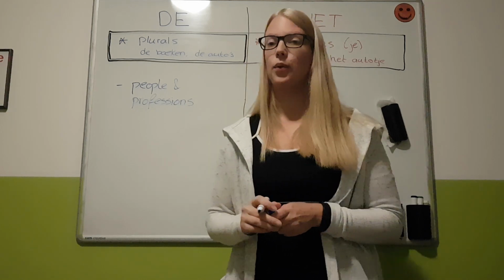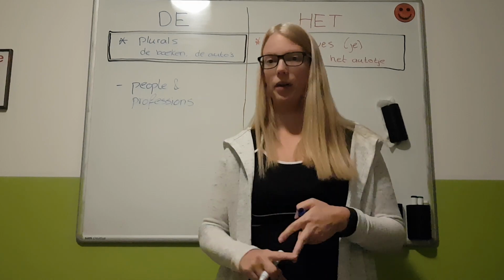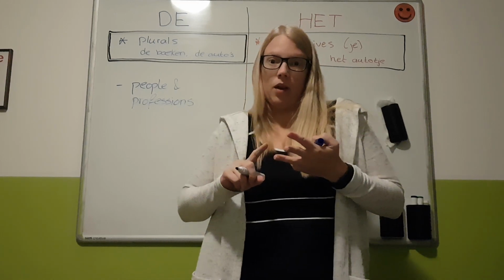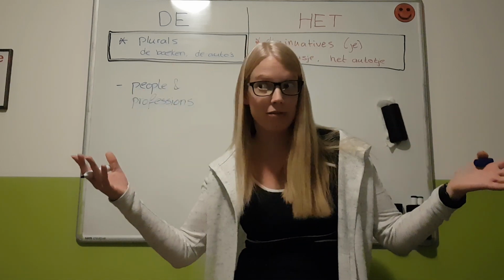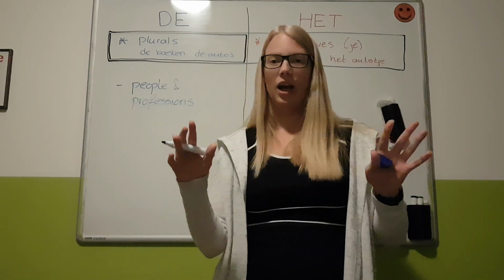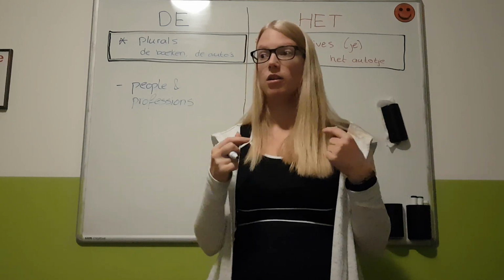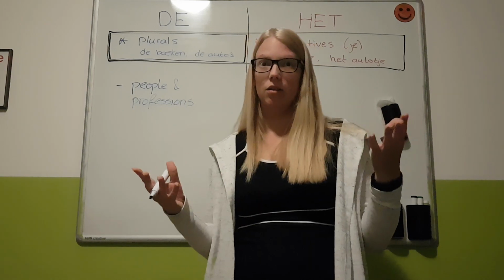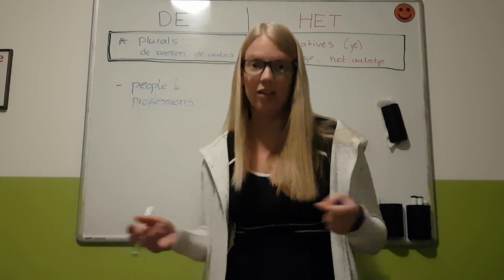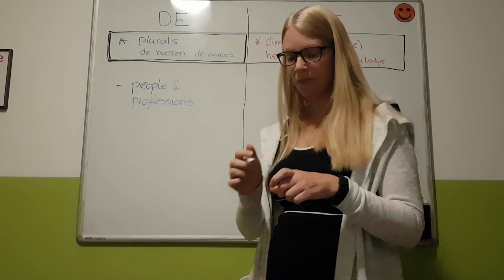So, for example, de man, de vrouw, the man, the woman, de docent, de alcoholist. So, anything that's a person, de koning, de prinses, can be de secretaresse, right? Anything that's a person is de.